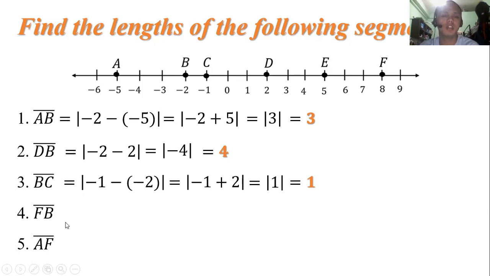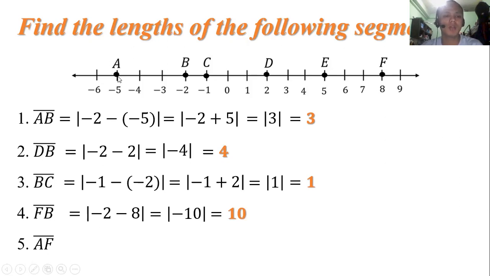So yan ang length or the distance niya. For FB naman, from F to B, malayo. Your B here is negative 2, your F is positive 8. Negative 2 minus 8, that would be equal to negative 10, and then absolute value of negative 10 is 10.